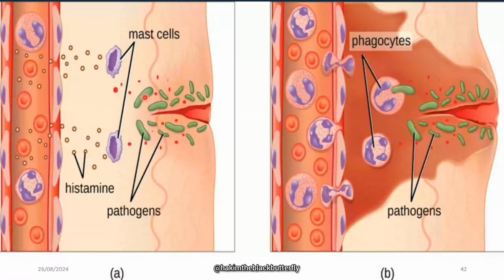So once the germs reach the connective tissues, the mast cells detect that, and they release chemical substances that include histamine. This histamine is going to cause relaxation of the smooth muscle fibers of these blood capillaries. And these vessels are going to widen, allowing more blood flow.